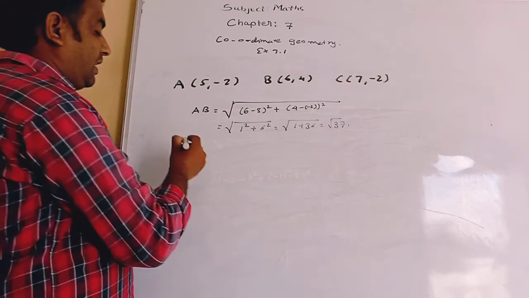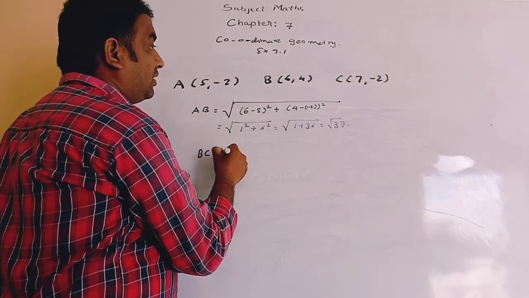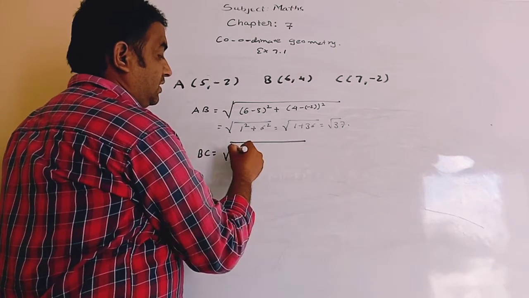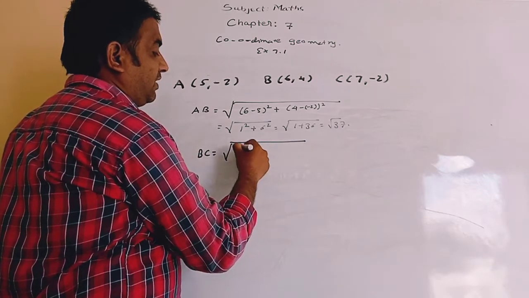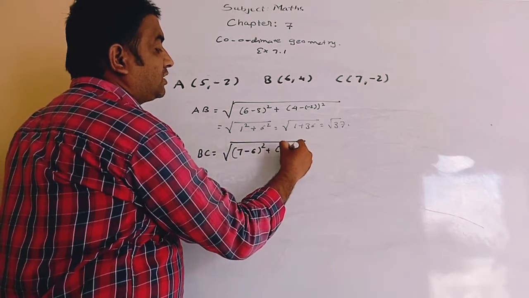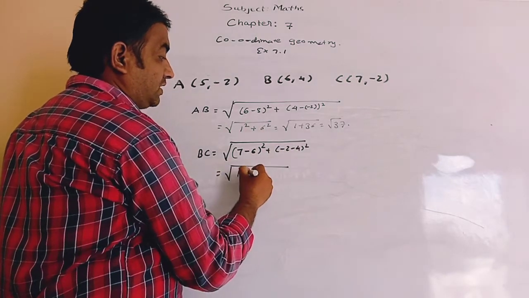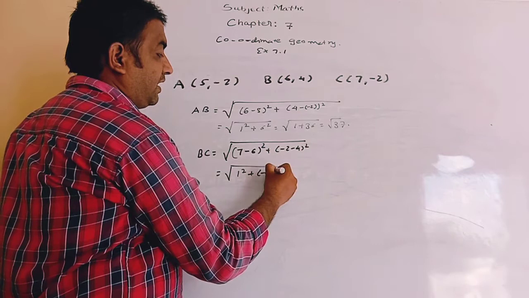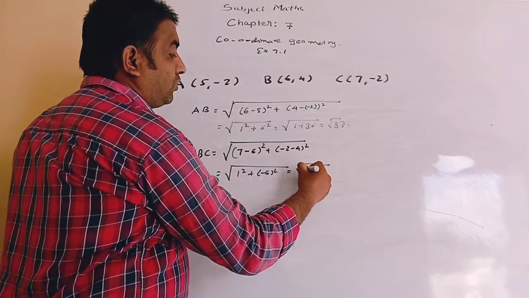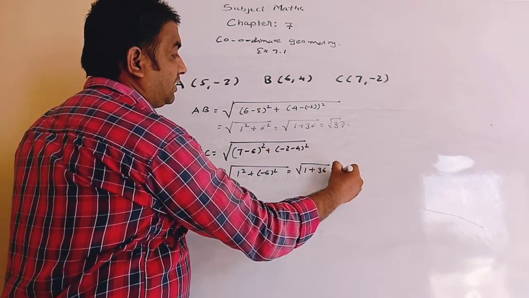BC we can find: (7 minus 6) square plus (minus 2 minus 4) square. So again it is 1 square plus minus 6 square, so root 1 plus 36, it is root 37.